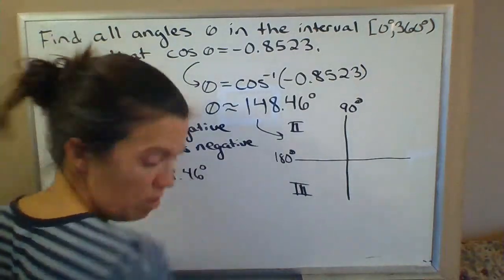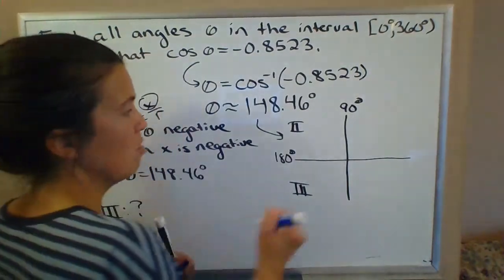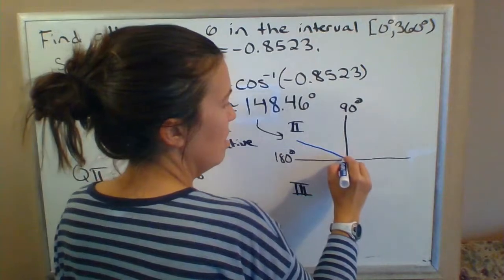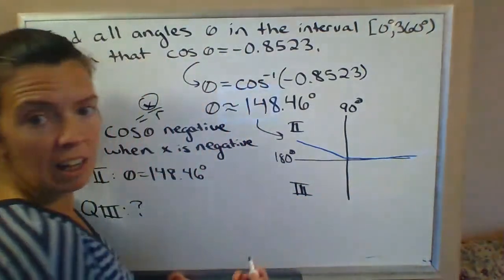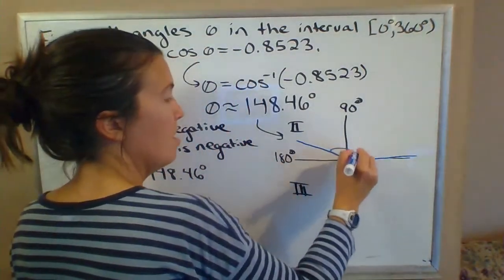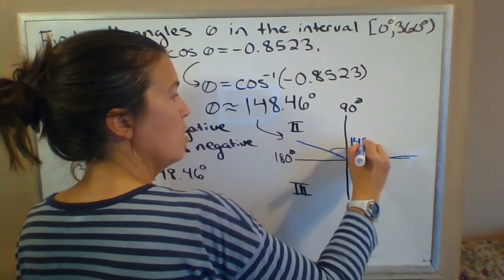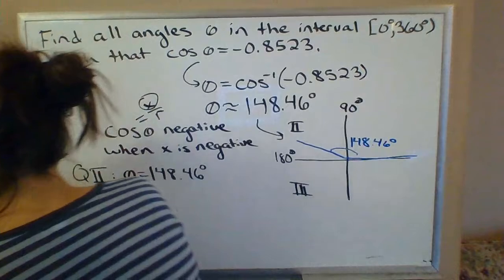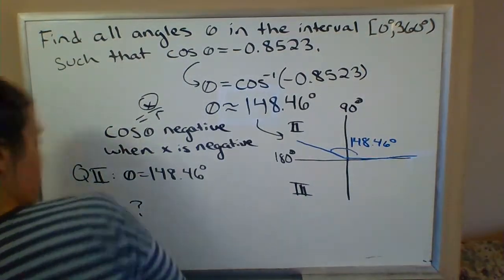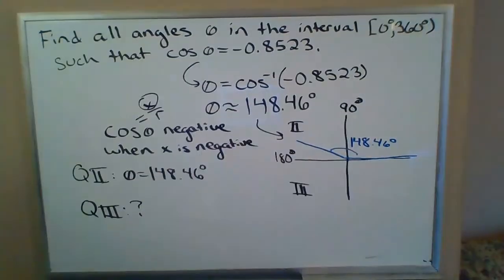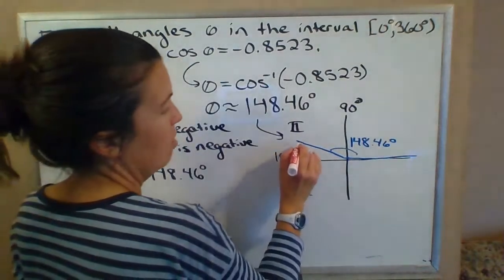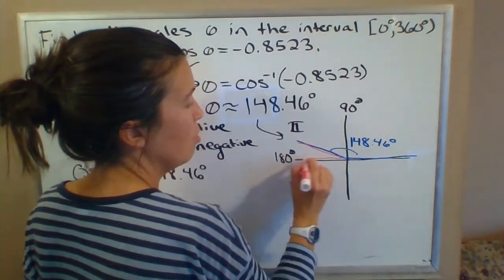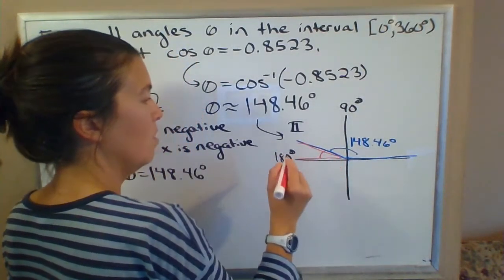So if we draw the solution that we have at this point, and you don't need to worry about making it perfect, just have it lie in quadrant 2. This angle right here is 148.46 degrees. So the reference angle for that solution would be this angle here.